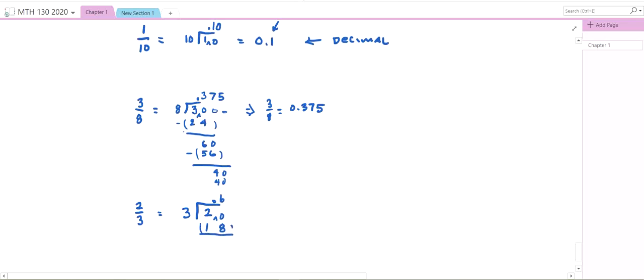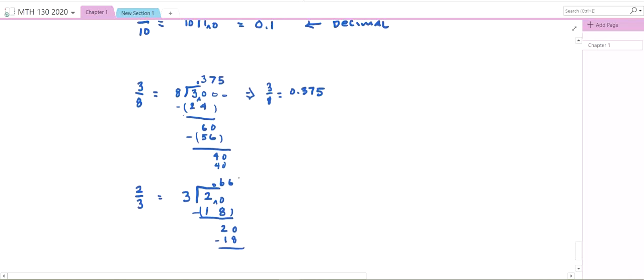Now when we subtract 18 from 20, we get a 2 again. And what we end up seeing is that as we go on, this repeats. This will just keep repeating. This actually repeats forever.